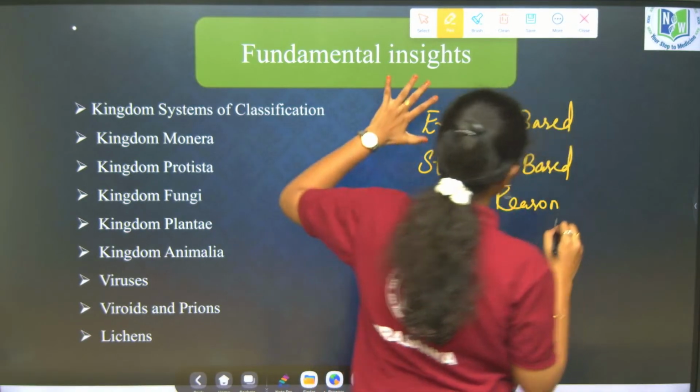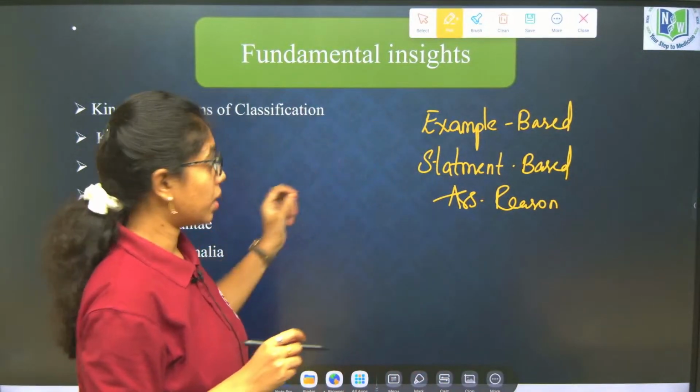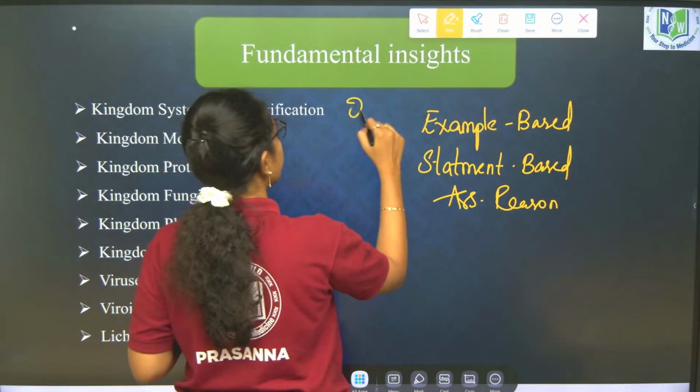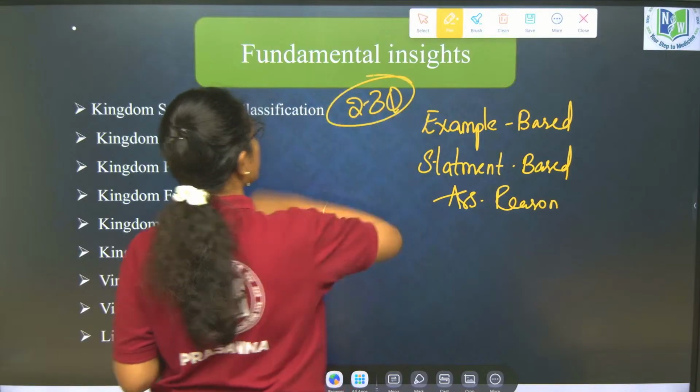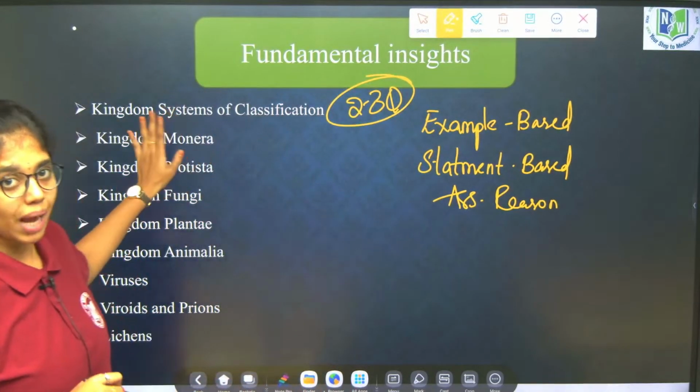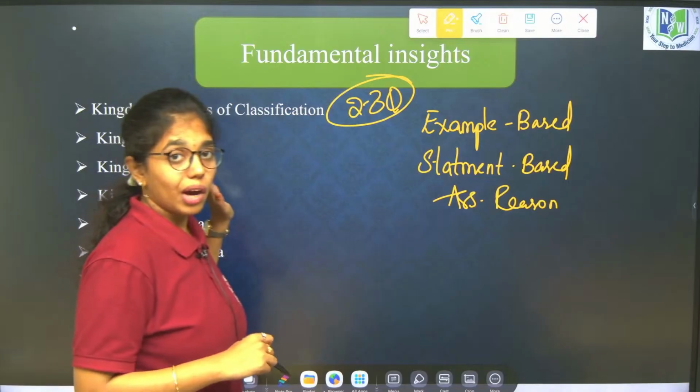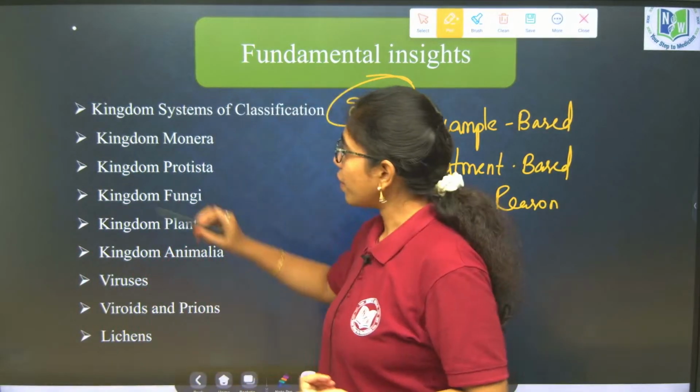The range can be 2 to 3 questions from this chapter, biological classification.